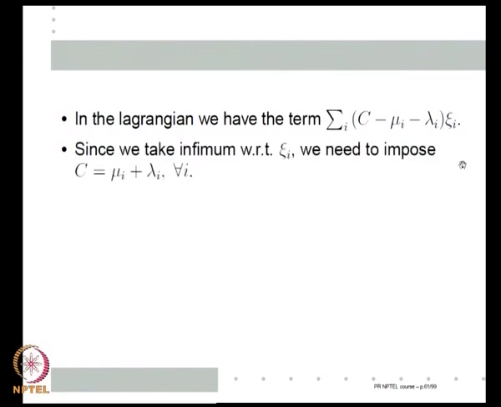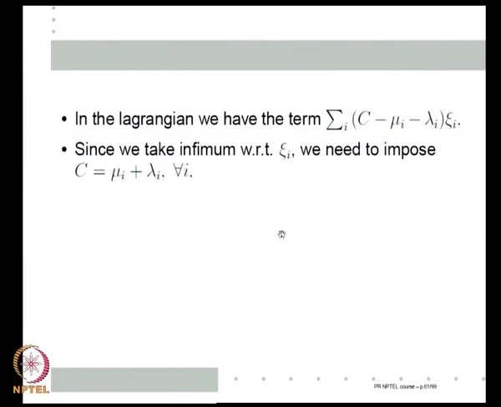Because we have this term, because you are taking the infimum with respect to Ji, unless we impose C is equal to mu I plus lambda I, the infimum will be minus infinity, and that we are not interested in. So, once again we only need to look at mu and lambda so that C is equal to mu plus lambda.